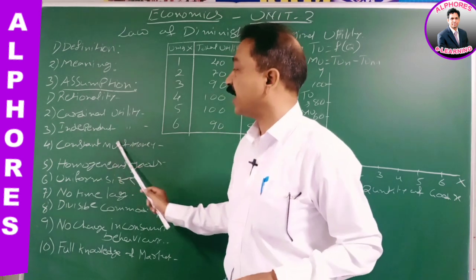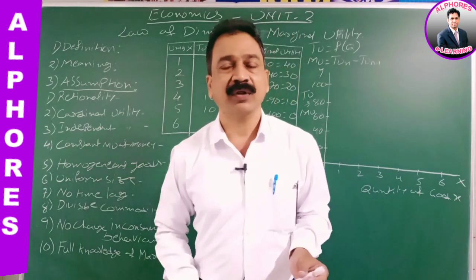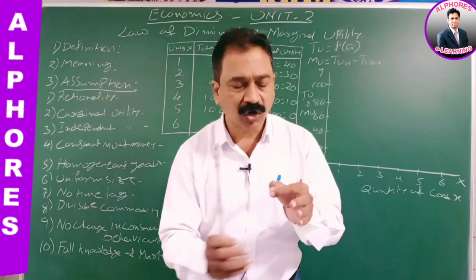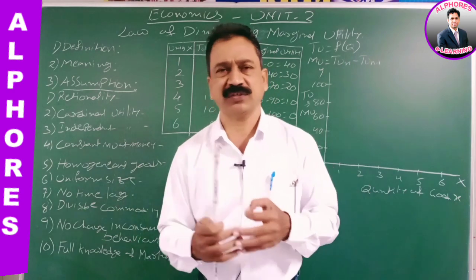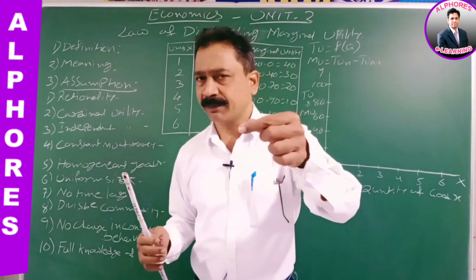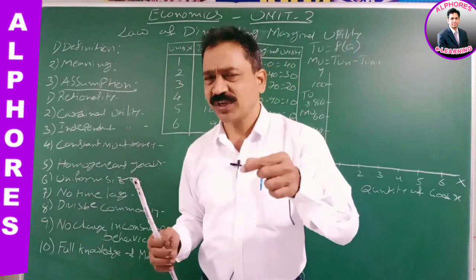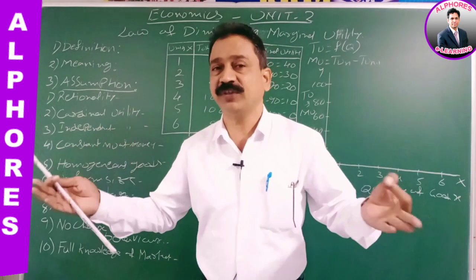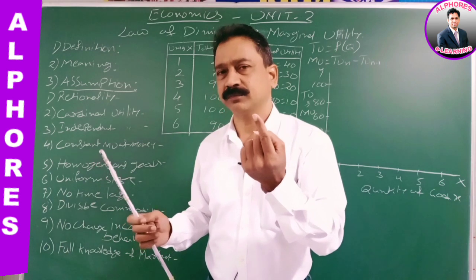Next, independent utilities. In general, if you take something, it is a mixing of plenty of things. Like you take a cup of tea. Tea is not just tea. Tea is mixed with plenty of things: sugar, tea powder.